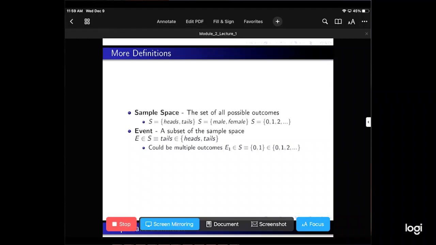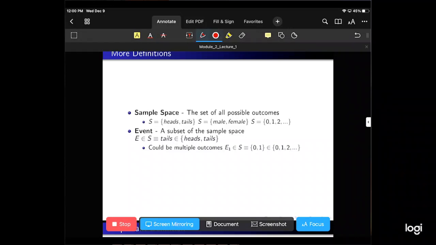An event is a subset of the sample space. We've already defined this as an outcome. So for example, we might write the event E is a subset. Here, let me grab this little term. This means subset. The three-line equal sign means defined as: E is defined as tails, a subset of heads and tails.